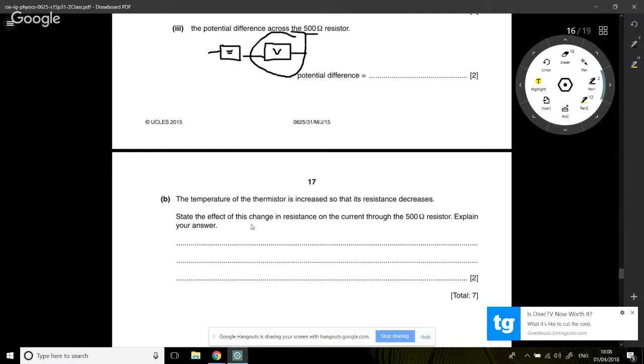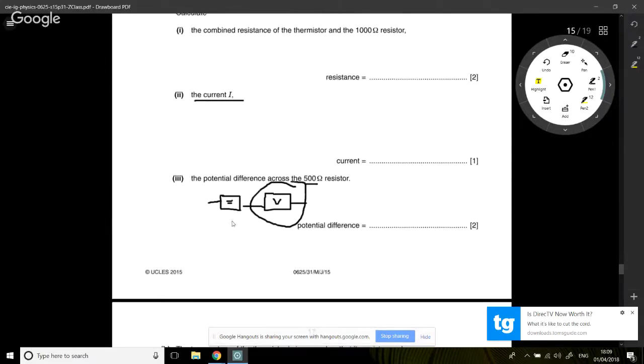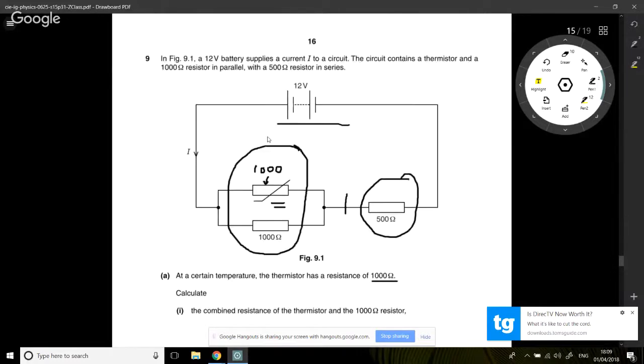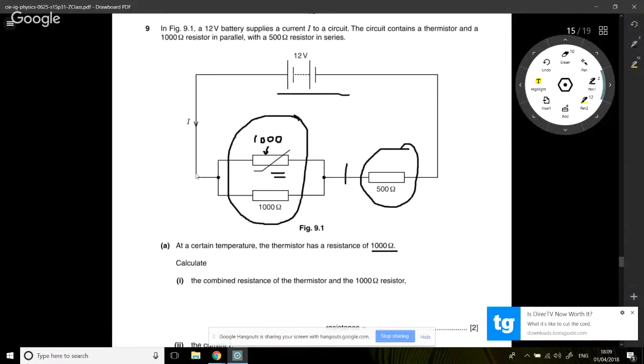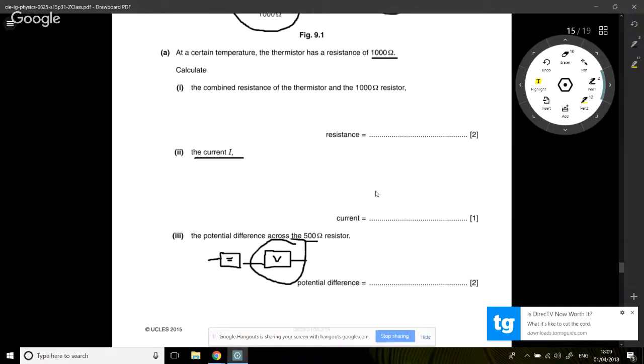State the effect of this change in resistance on the current through the 500 ohm resistor. Explain your answer. Quite simply, if this combined resistor here is reducing in resistance, the overall current increases, and therefore the potential drop across this resistor also increases.